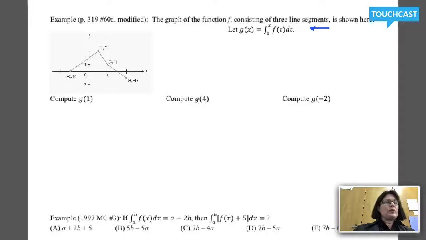The definite integral in that function says I'm going to take the area under the f curve between 1 and some upper limit. And the thing that changes as x changes is how far along that function I go, accumulating up the area under the curve.